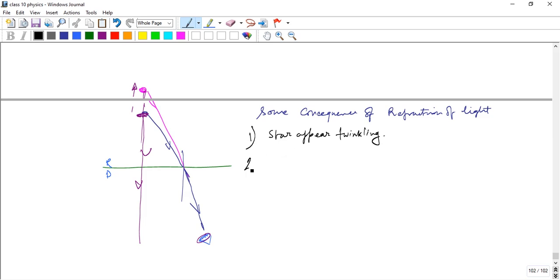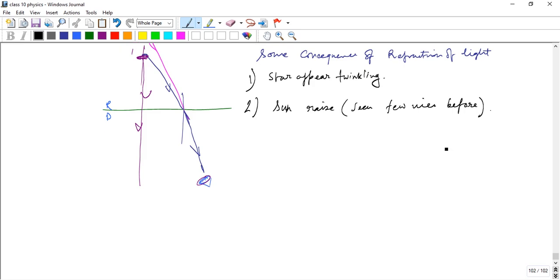And second is sunrise. The sun is seen a few minutes before the actual sunrise.